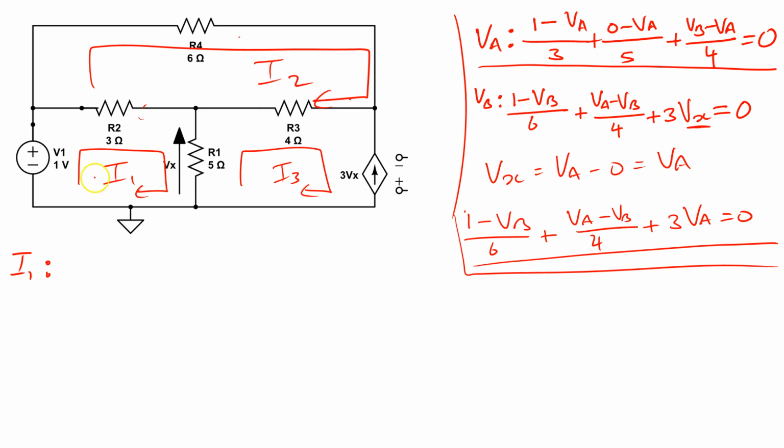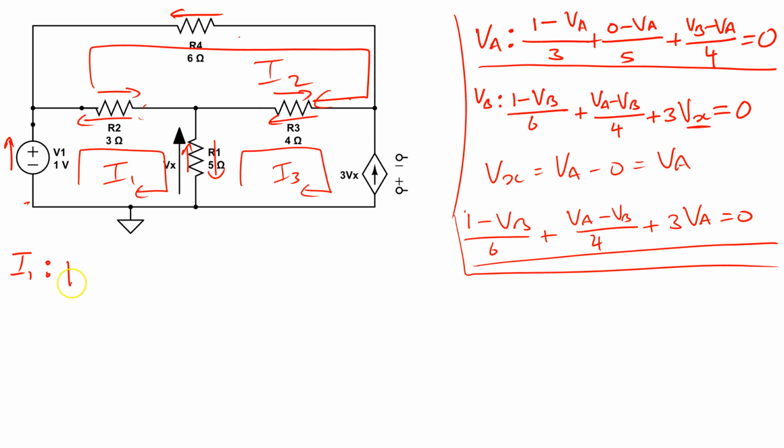So if I sum the voltages around the loop, first I draw in all my arrows. And I start at this point and I'm going to go around the loop this way.